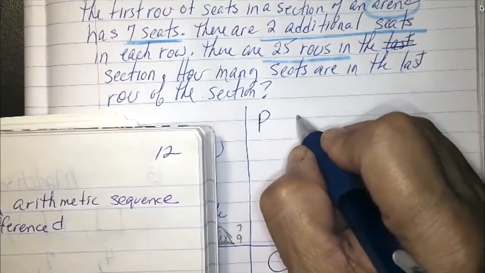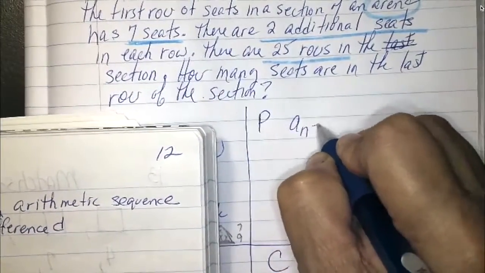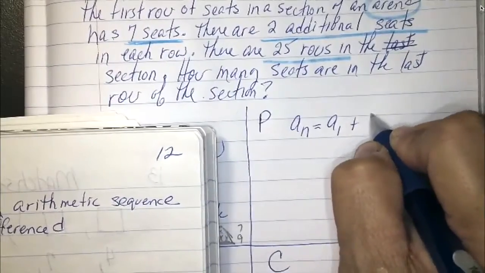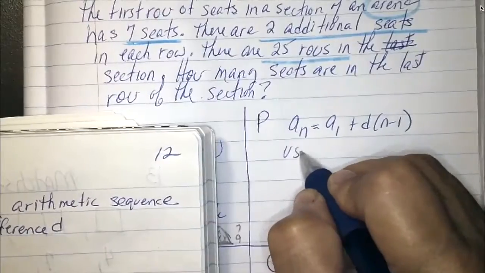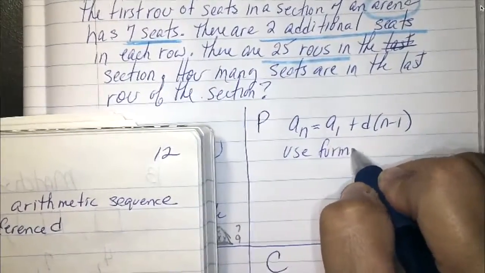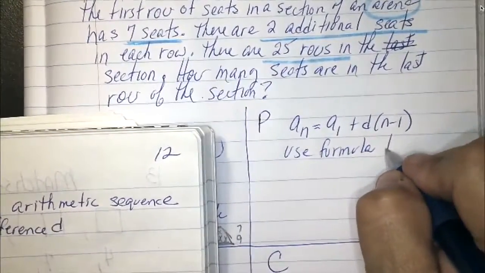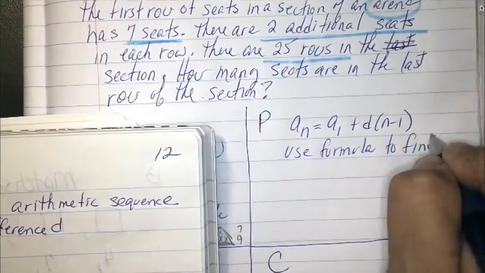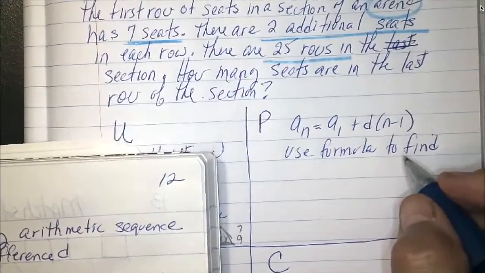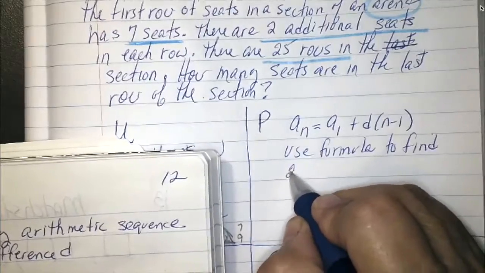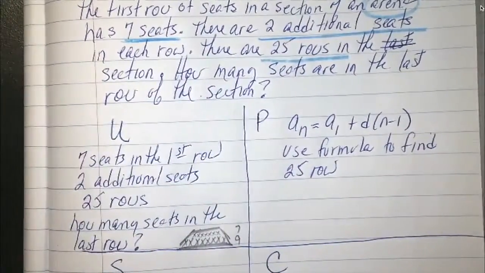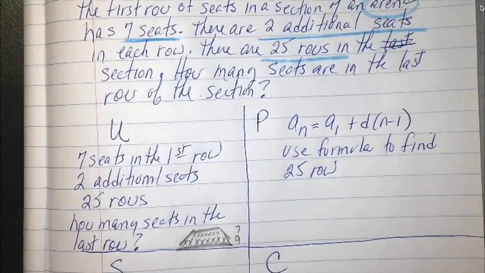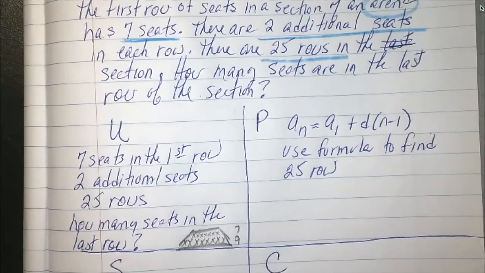So our plan is to use the formula to find the number of seats in the 25th row.